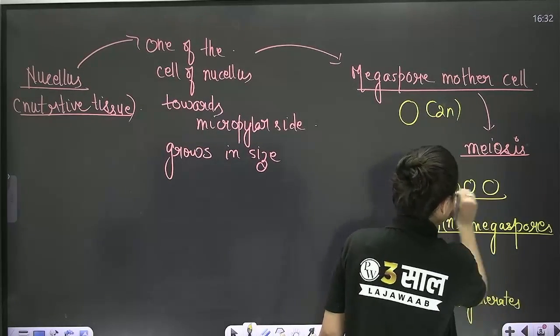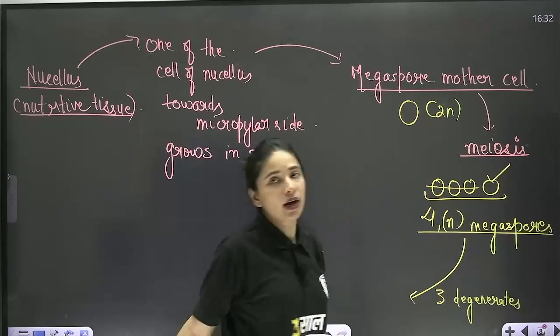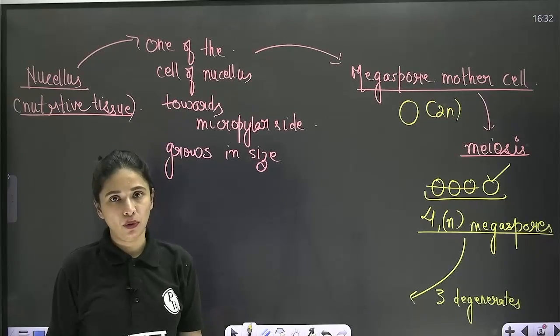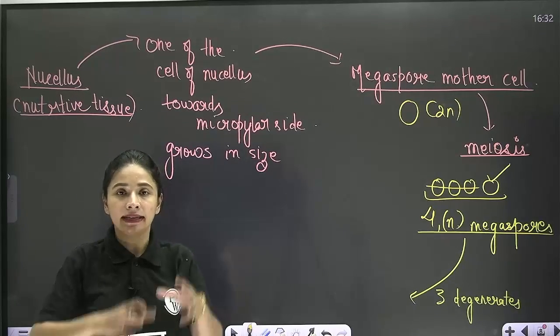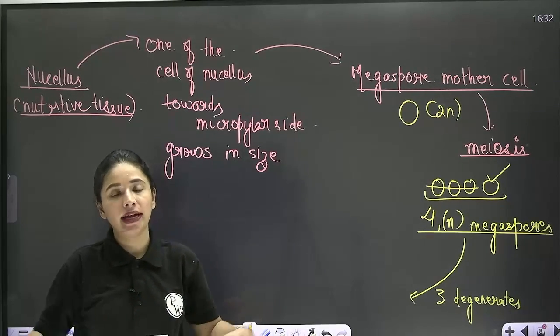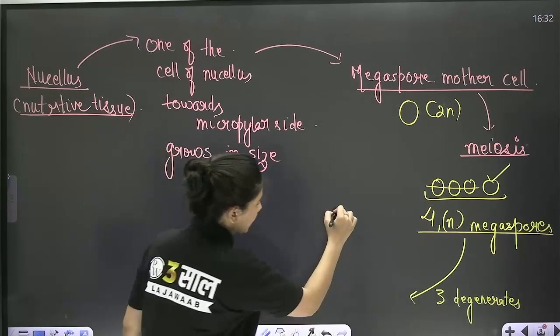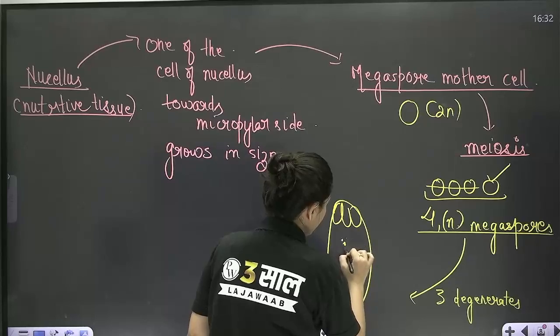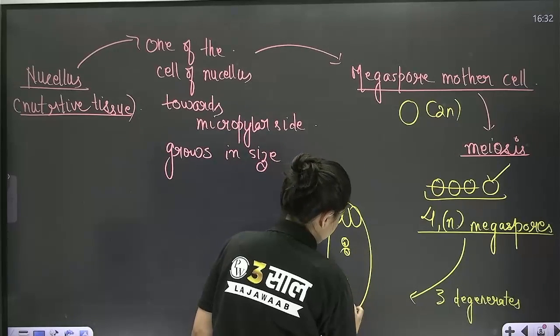So 3 degenerate, 1 remains functional, and then this one functional megaspore gives rise to the entire female gametophyte, the female gamete carrying body called embryo sac.